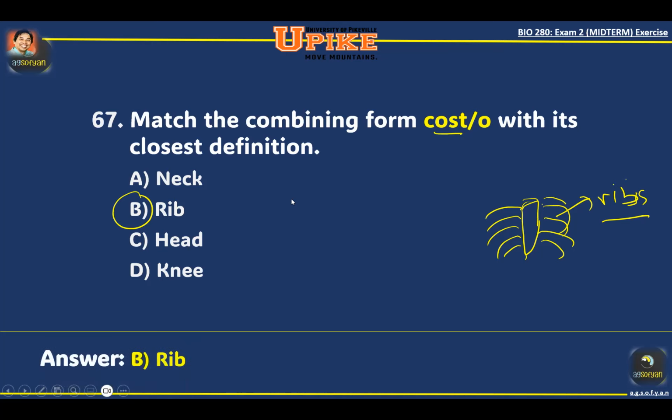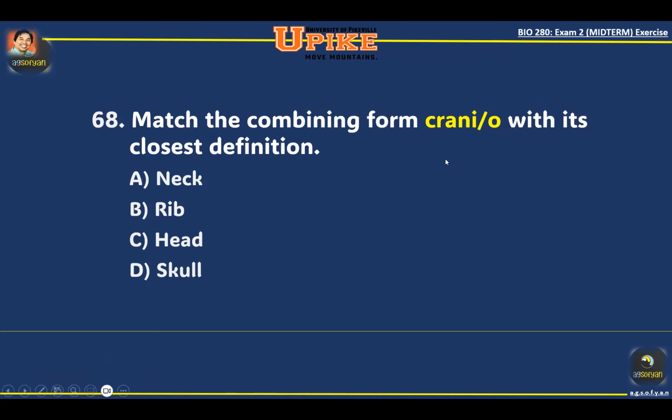How about cranio? Cranial means the skull. Cephalo is head. Cranial is the bones of the head.